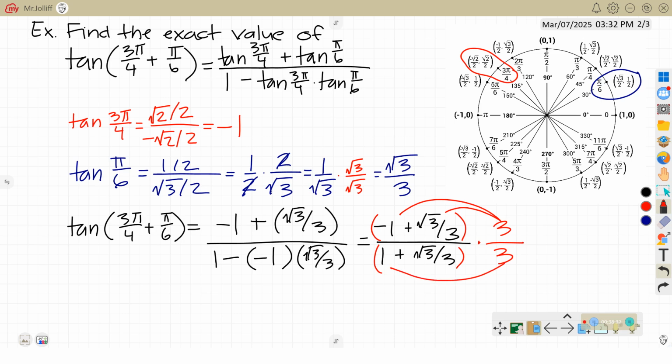This thing gets distributed to both terms. A lot of students get so excited that they canceled the 3 in the second fraction, they forgot to distribute it to the first term too. You got to distribute. So let's take a look at what that looks like.